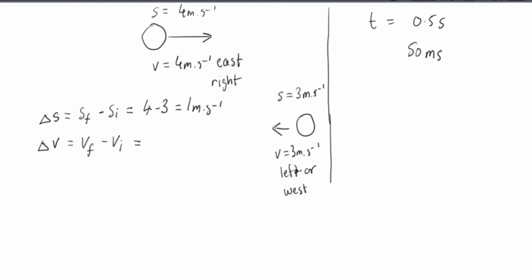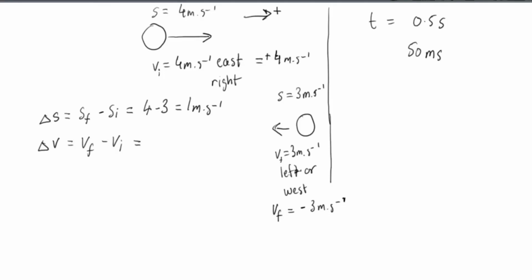We can take the right as positive, which would make the left negative. So then this velocity here, which is our initial velocity, would be 4 meters per second positive. And this velocity here, which is our final velocity, will be negative 3 meters per second.